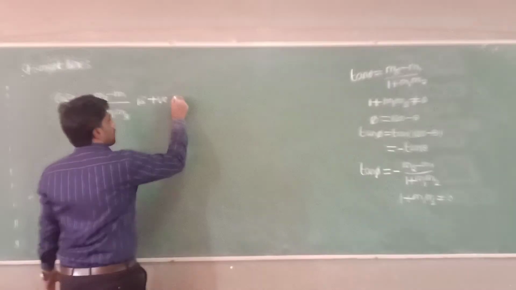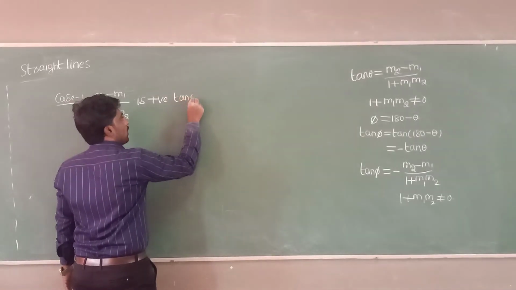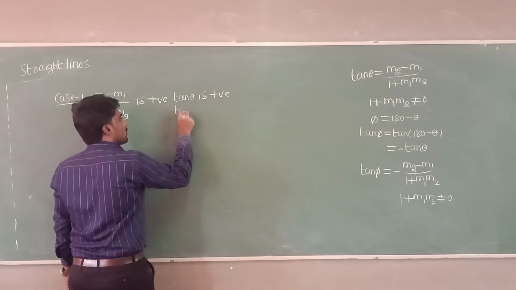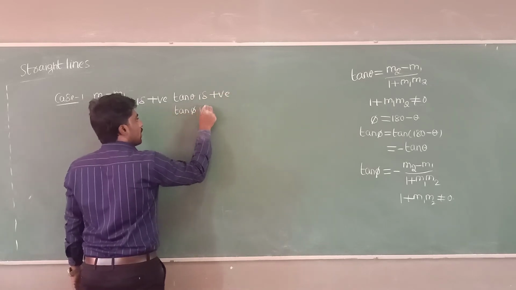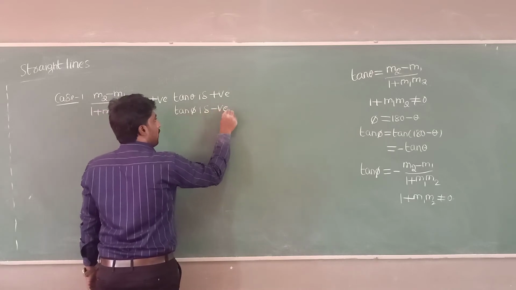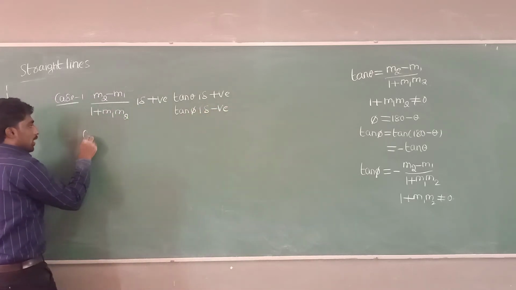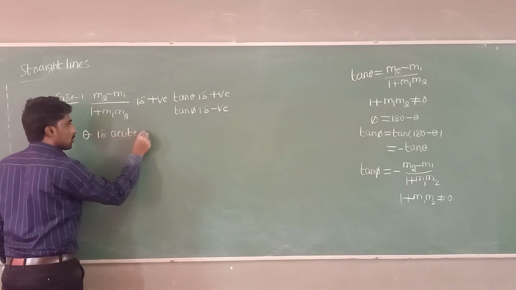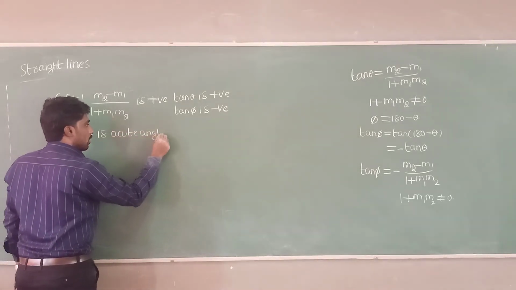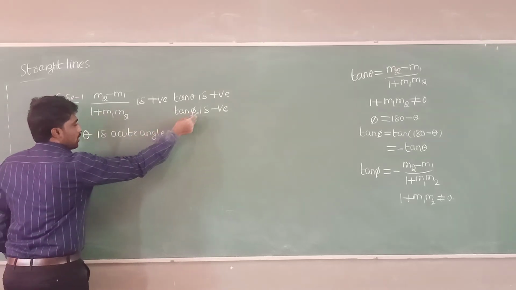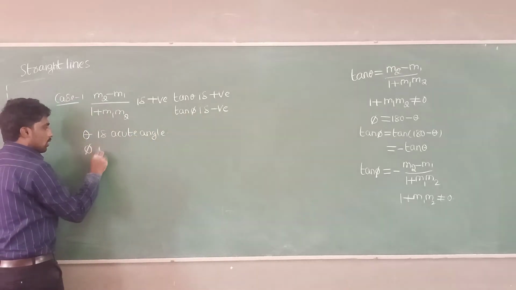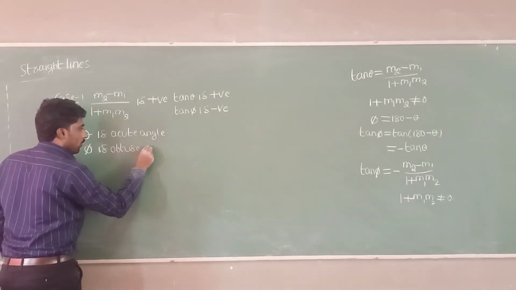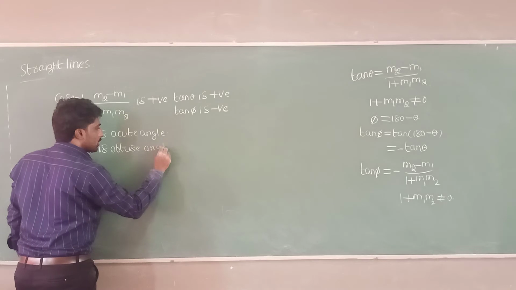Then tan theta is also positive, and if tan theta is positive, tan pi is negative. The denominator is not equal to 0. If tan theta is positive, theta is an acute angle, and if tan pi is negative, pi becomes an obtuse angle. Is it clear when you will get an acute and when an obtuse angle?